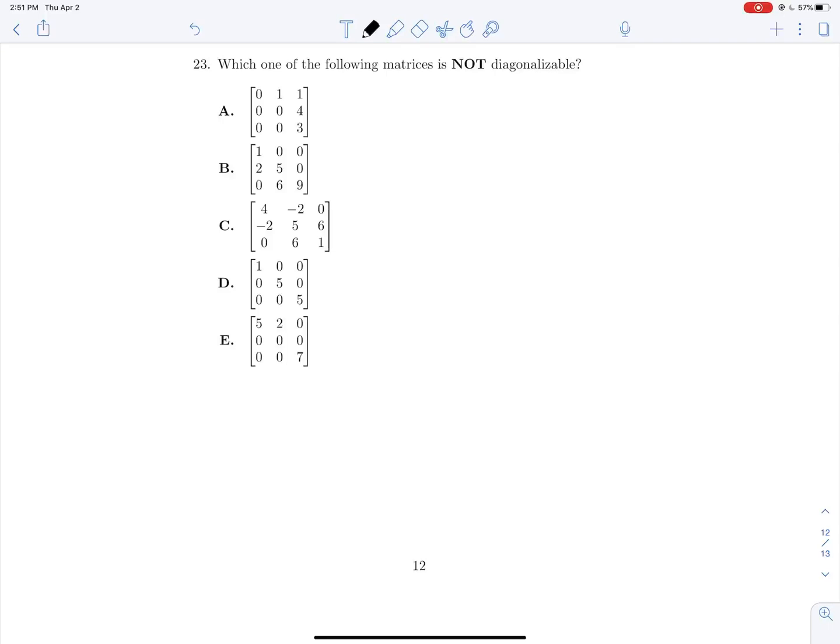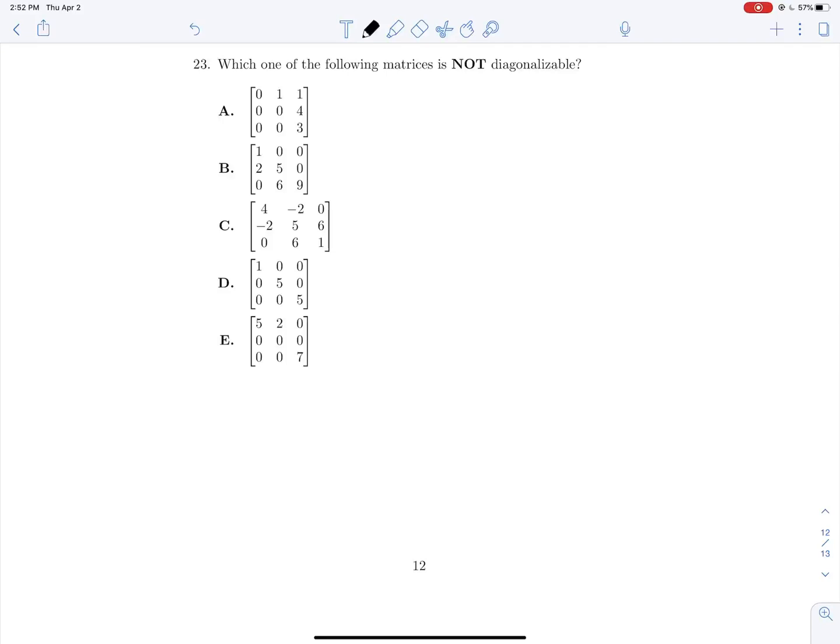So we know that any upper triangular or lower triangular matrix with 3 distinct values on the main diagonal is always diagonalizable. And additionally, any matrix that is symmetrical is also diagonalizable.